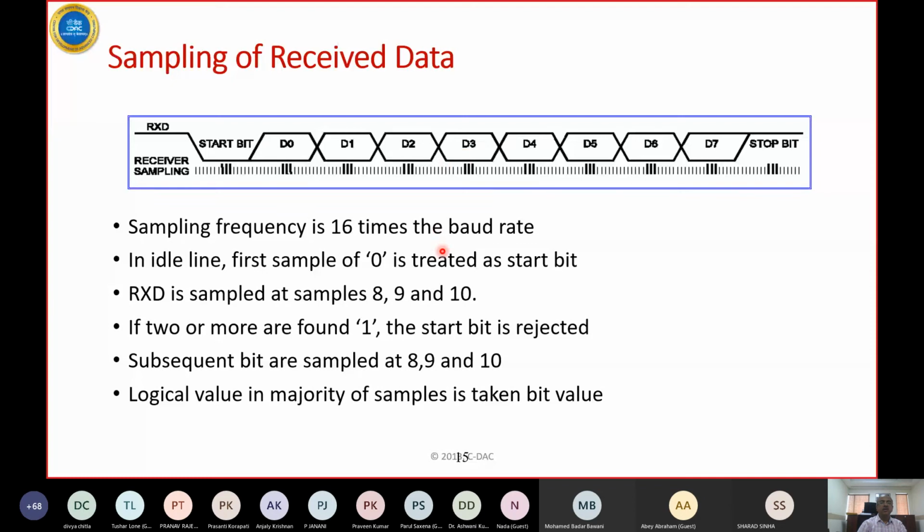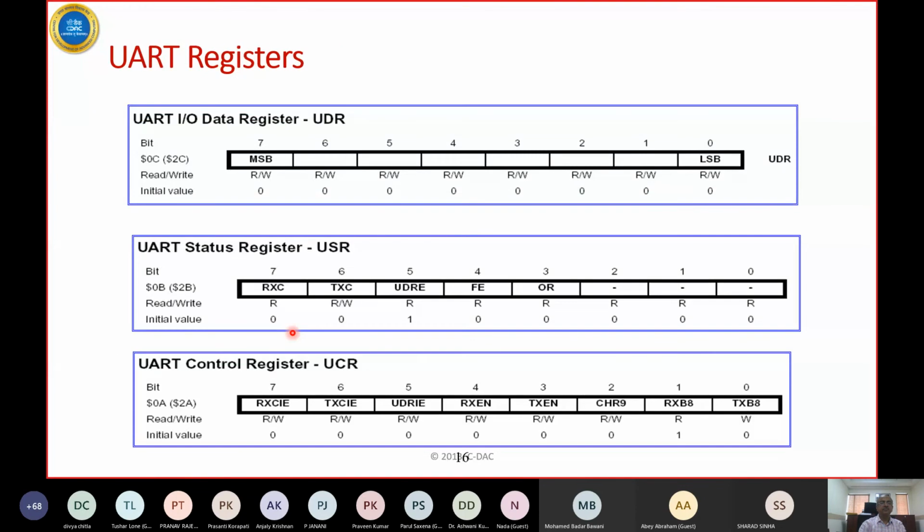So this is what is called oversampling. Ideally, sampling in the middle is good enough. But to make sure that glitches are taken care of, it is sensed 3 times, and thus it is found to be 1 or 0.